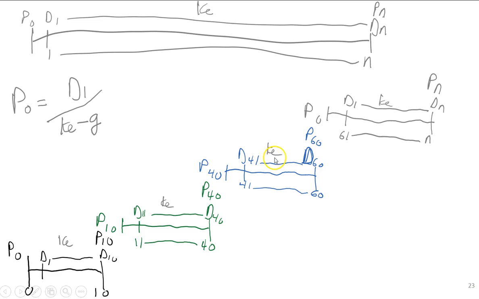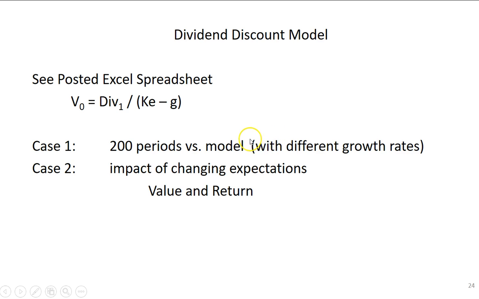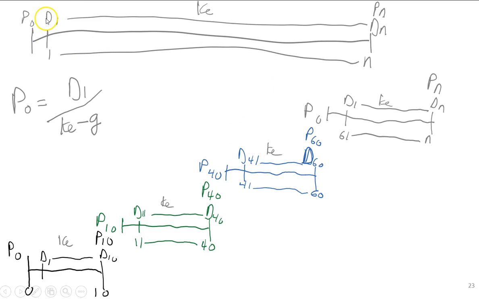If we put these all together, that is, we take this P10 and substitute in D11 through P40 out here, take out P40 and put in D41 through D60 and P60 out here, and so on and so forth, what we end up with is the value today is based upon all the expected future dividends and the ending share price over a long period of time.